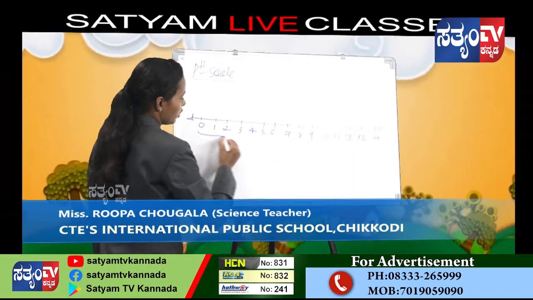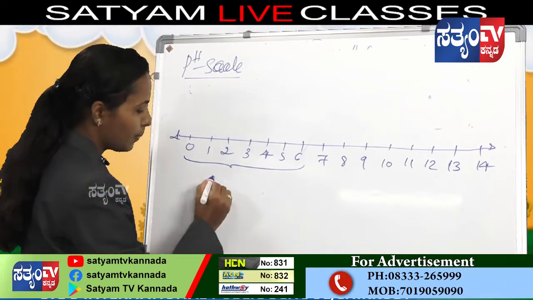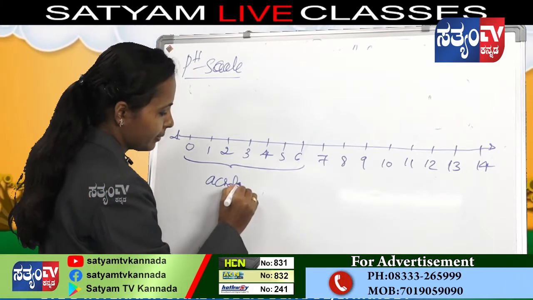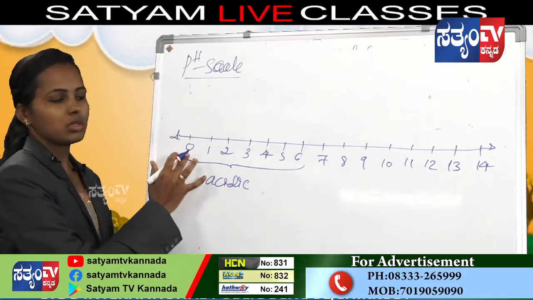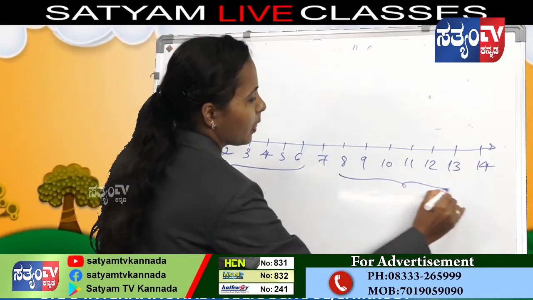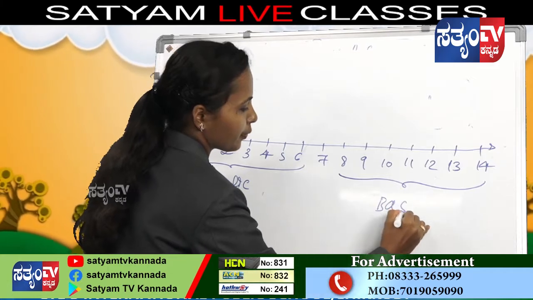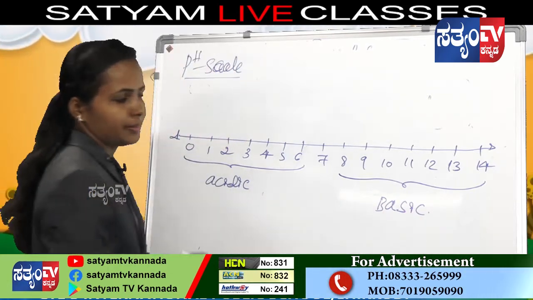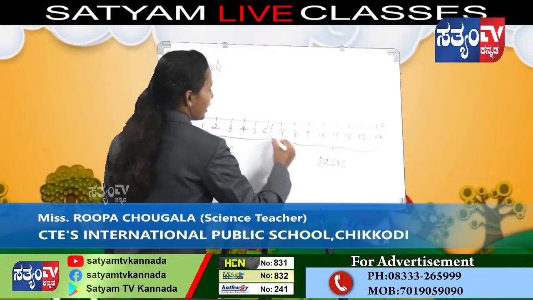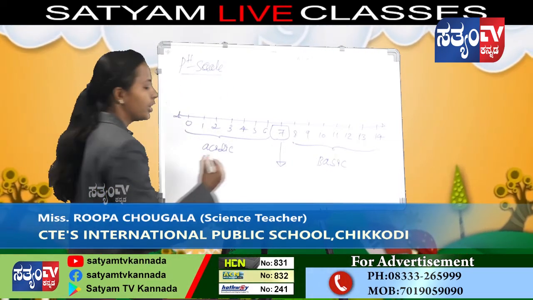The values 0 to 6 we call acidic. And the values 8 to 14 we call basic. And the middle one, exactly 7, we call neutral.